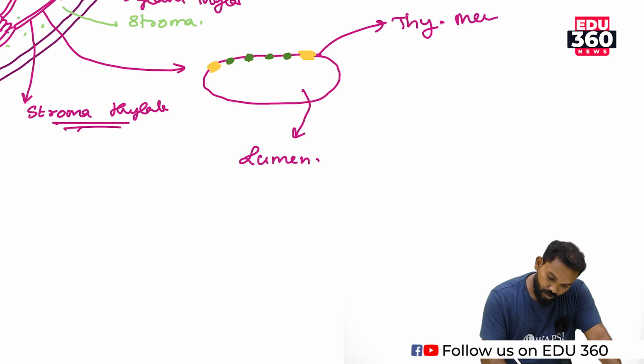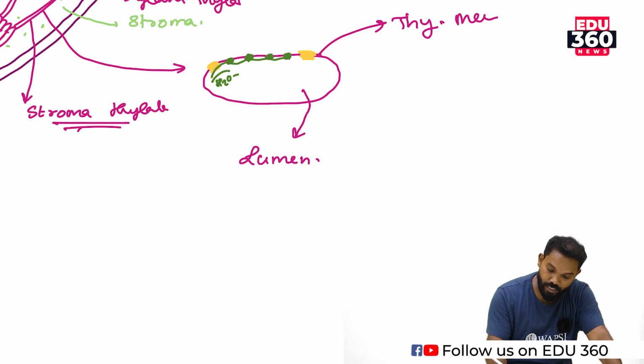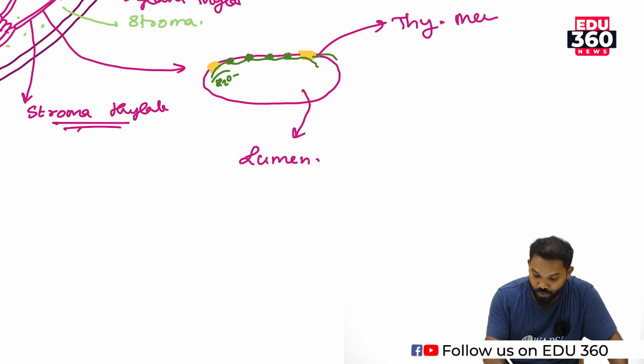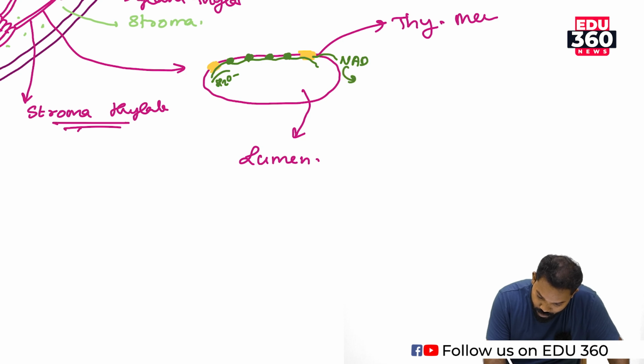When an electron is emitted from water due to the splitting of water, this electron is transported to the electron carrier and finally enters NAD, which is converted into NADH2.